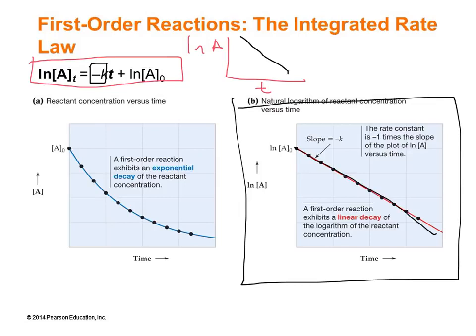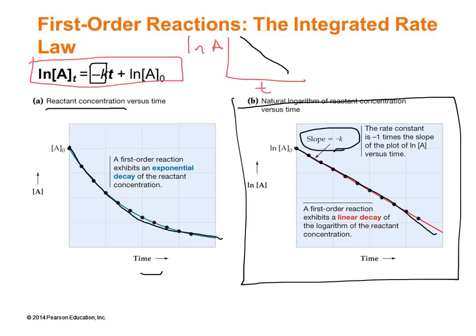If they asked you for the rate constant and they gave you a graph, what would you do? You'd calculate the slope, because the slope is the opposite of the rate constant. When you plot a simple plot of reactant concentration versus time for a first-order equation, you get a downward curve.